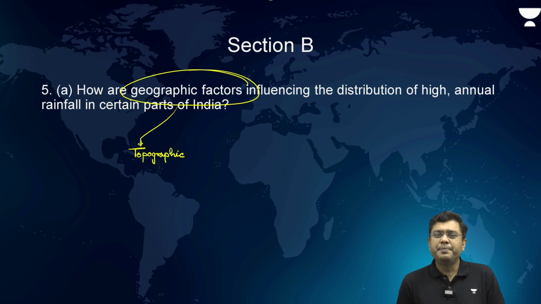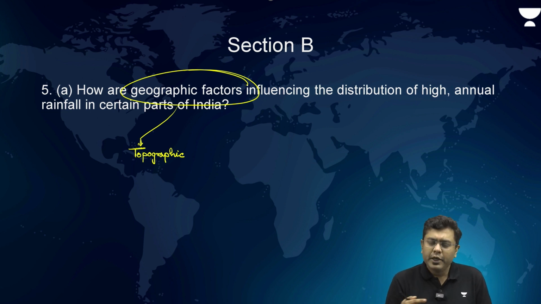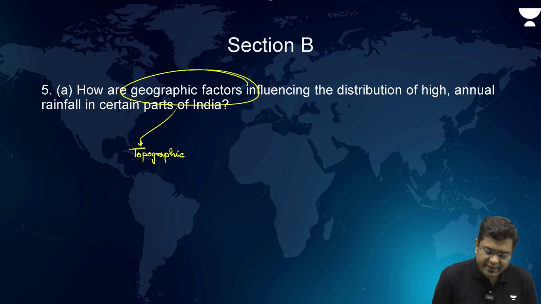In the northeastern part of the country, you have the hills and the topography forming a funnel shape, due to which all the various different moisture carrying winds get retained in that area, and there is a significant amount of rainfall caused in that region. So that is a topographic factor.